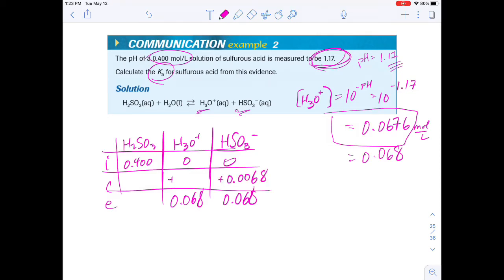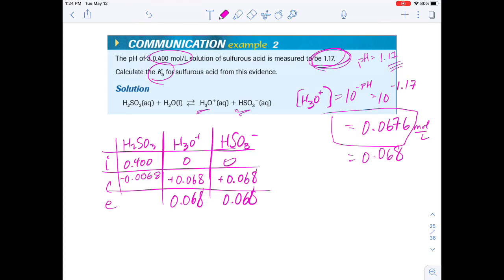I got real lazy in that one because I did it wrong. It's 0.068. I get a little lazy sometimes with my coefficients here because with acids, it will always be a 1-to-1 ratio. So this is going to be minus 0.068.